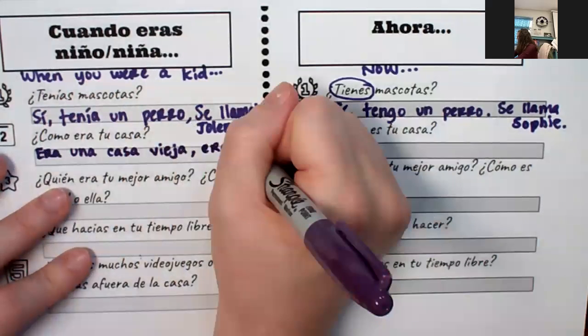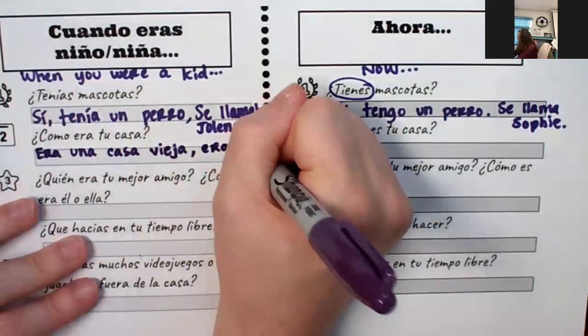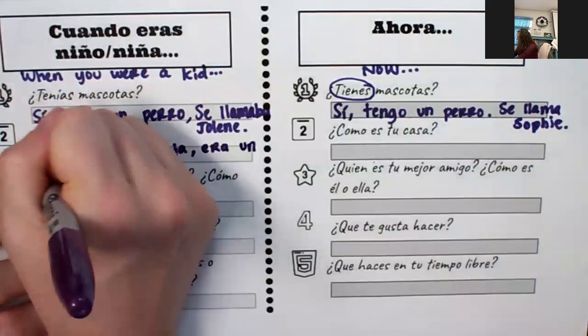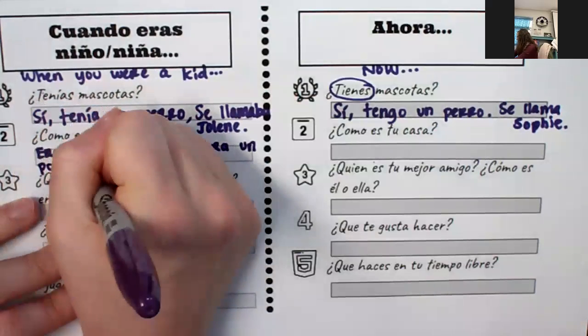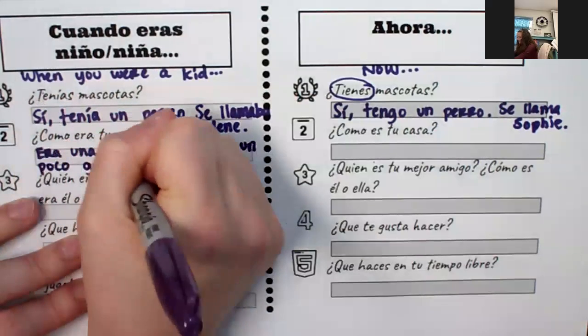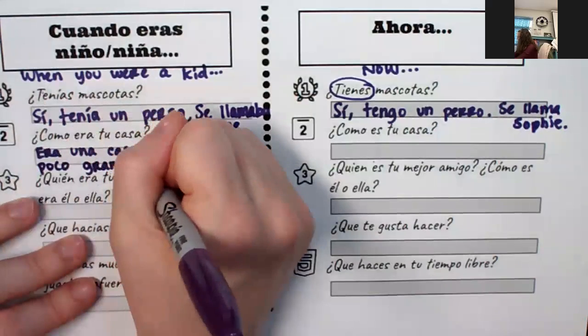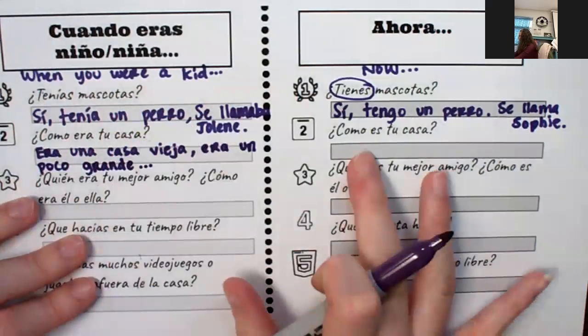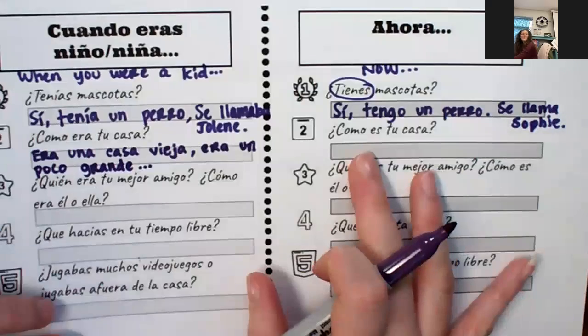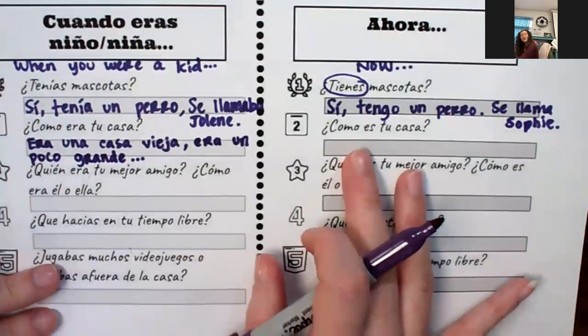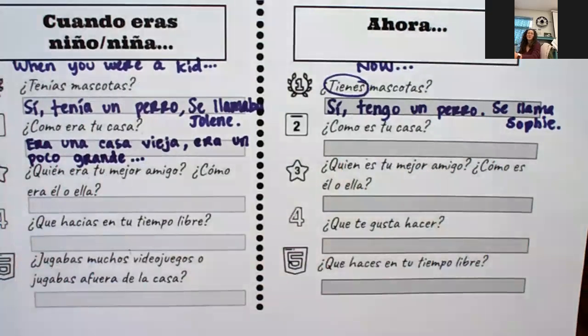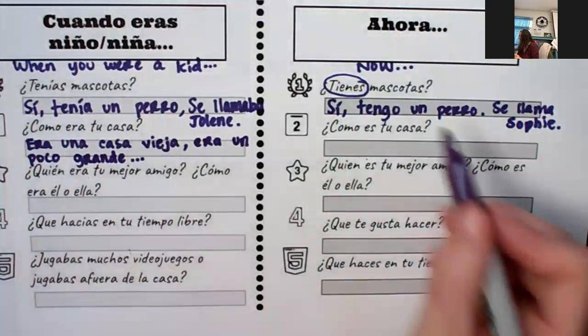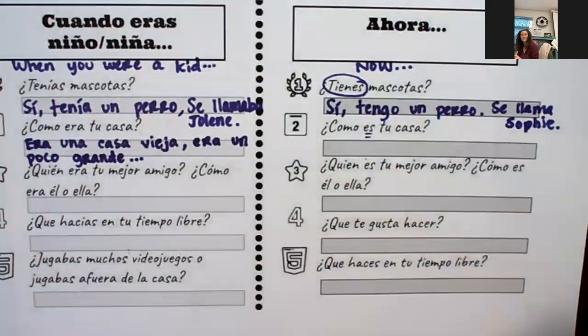Era un poco grande. It was a little bit big, not really. And I might say, ¿Cómo es tu casa? What is your house like now? Because chances are most of us have moved from one house to another. But if you haven't, that's okay. You can use the same description just in the present tense.